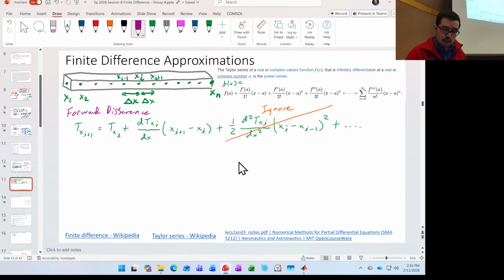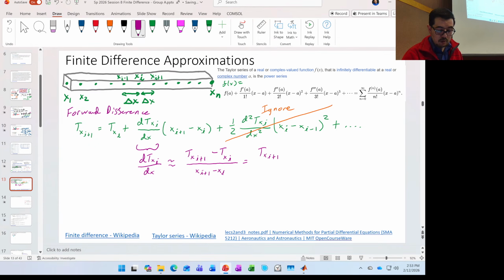Let's break this slope into another approximation, which we would say is going to be like that.